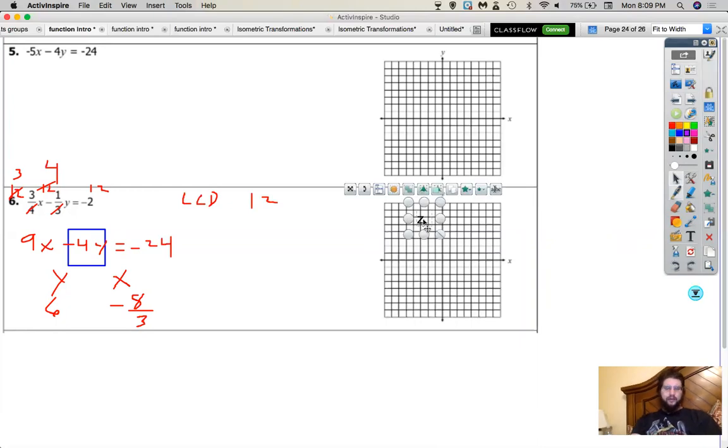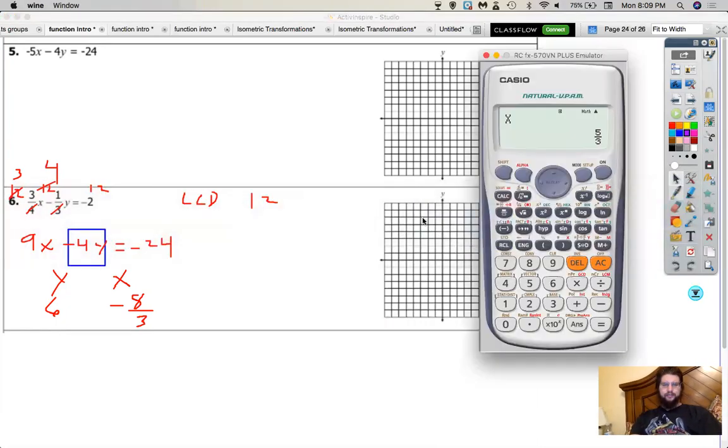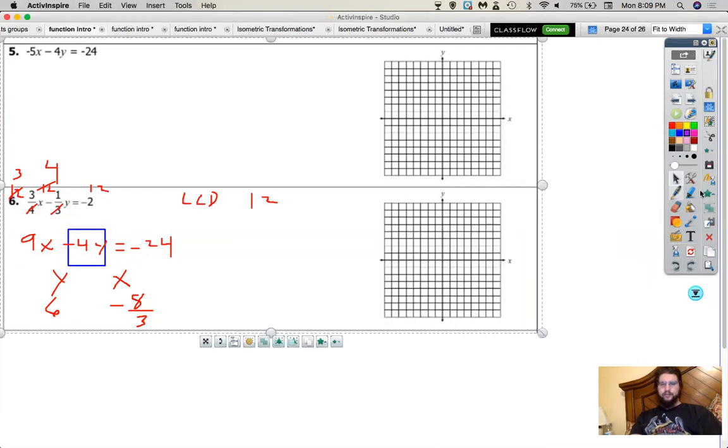If you're not sure exactly where it goes, type it in the calculator. -8 thirds is about -2 2/3. So it's a little bit less than -3. So you plot that. Connect the dots.